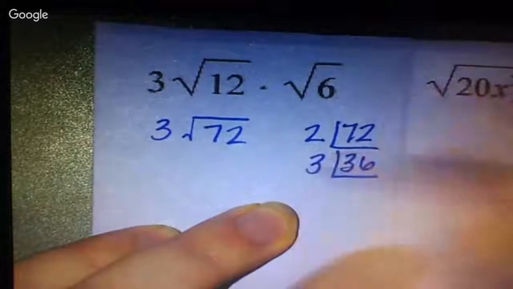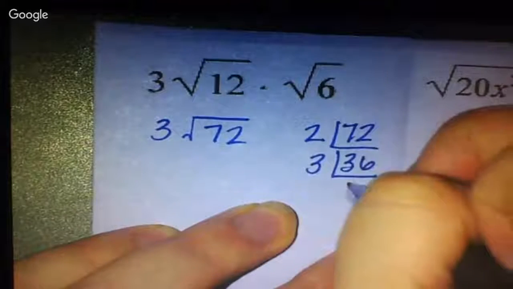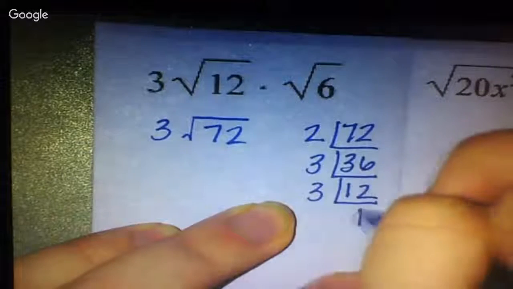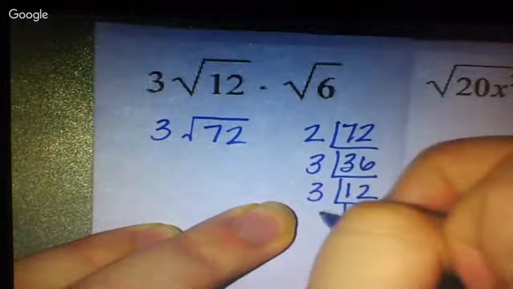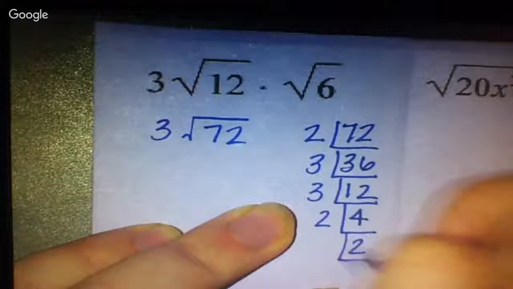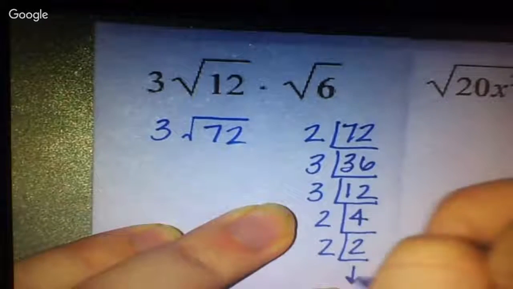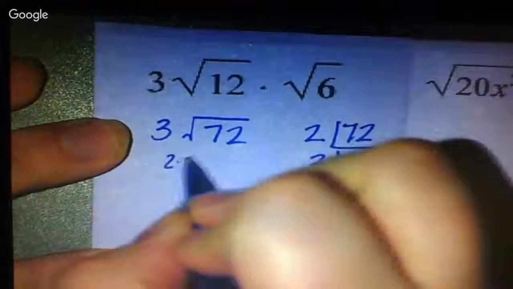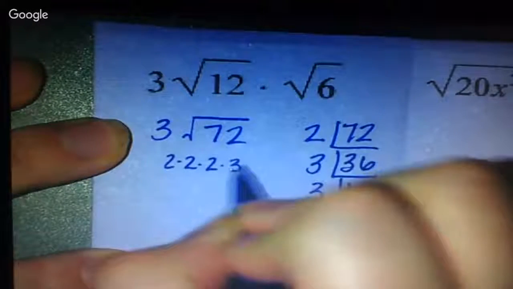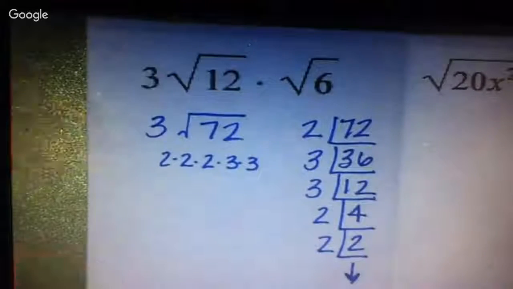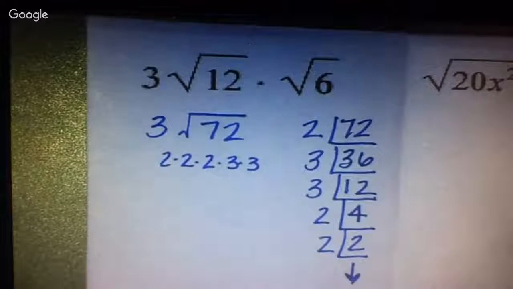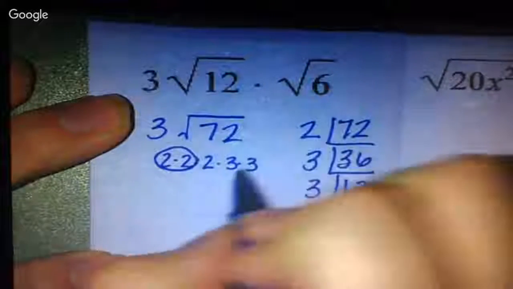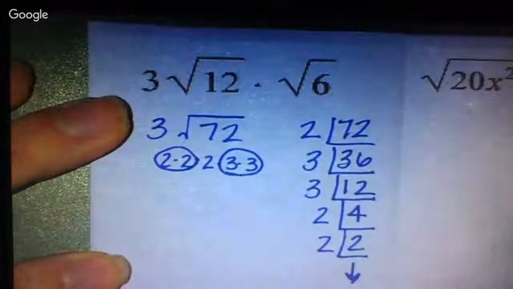Let's do 3, and that gives us 12. 3 and 4. 2 and 2. 2 and 1. So this is 2 times 2 times 2 times 3 times 3. What am I grouping in? 2s. So I've got 1 set of 2s and 1 set of 3s.